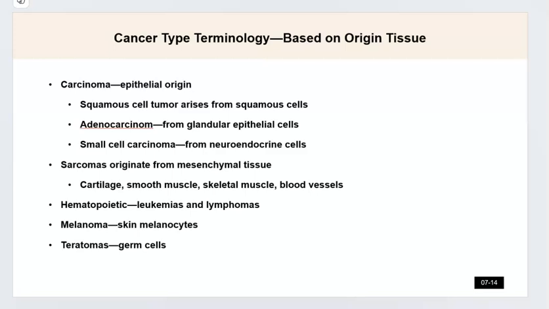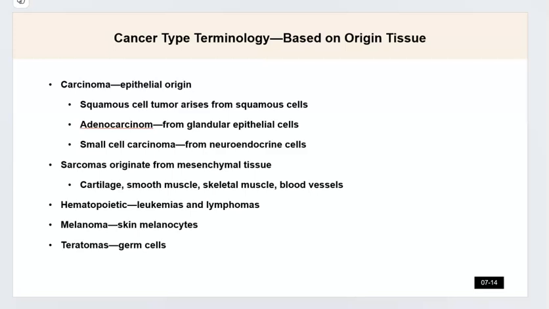So the example here is a carcinoma is from epithelial origin. Of the carcinomas, we have squamous cell, adenocarcinoma, and small cell. You can also have a sarcoma. You can have hematopoietic leukemia lymphomas.